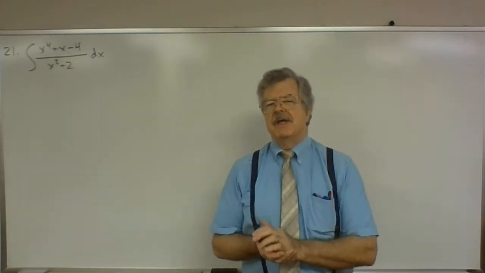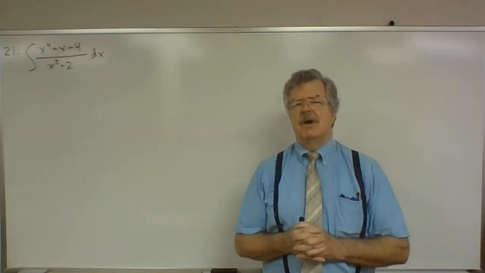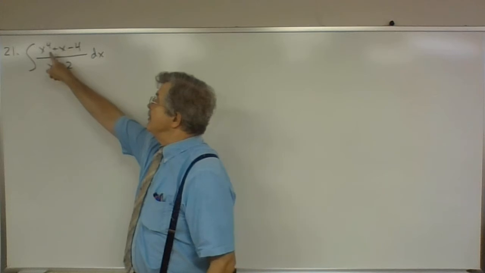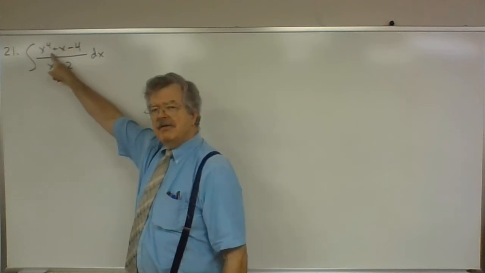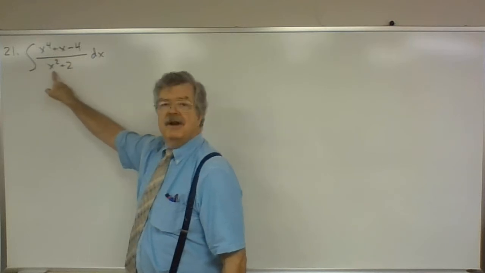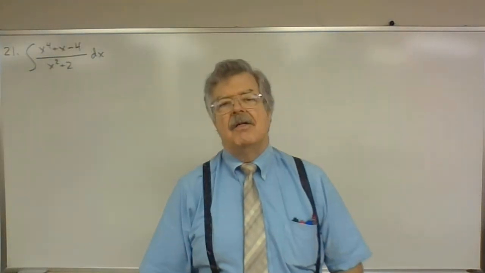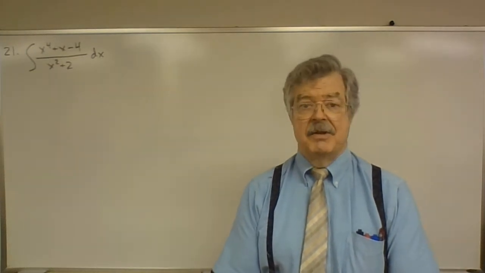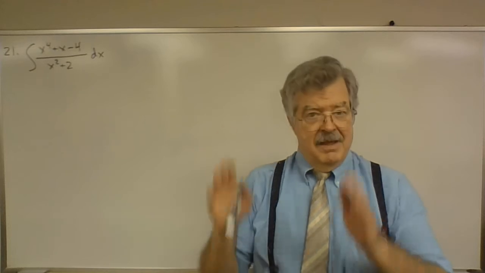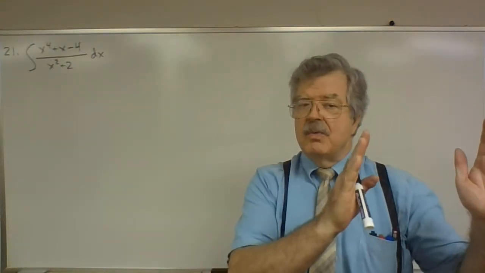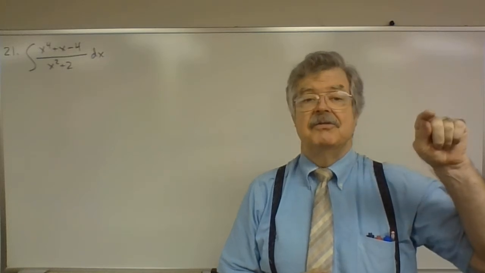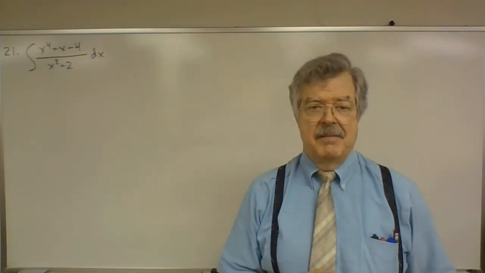Any time that we have an integral where the integrand is the quotient of polynomials and the degree of the numerator is greater than or equal to the degree of the denominator, the thing to do is long division of polynomials, to write this as a polynomial plus a quotient of polynomials where the degree of the numerator is less than the degree of the denominator.